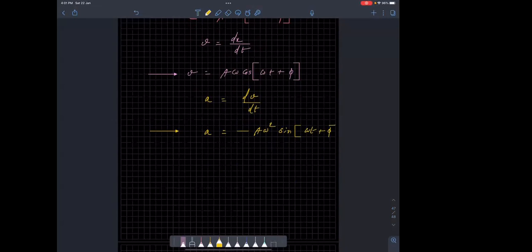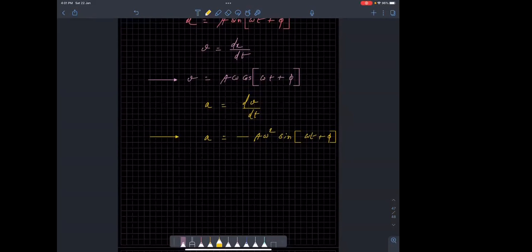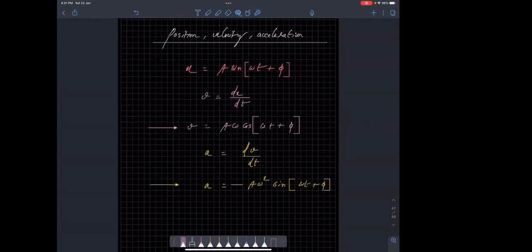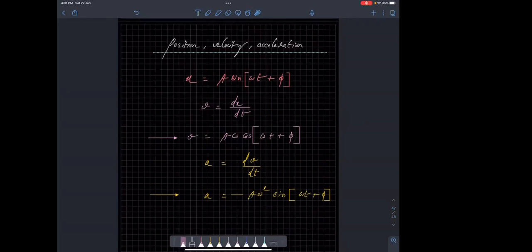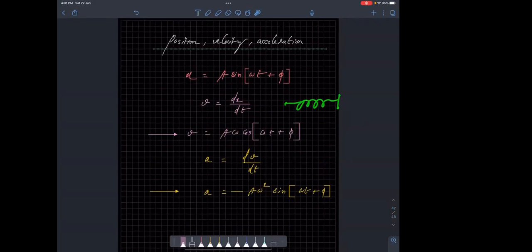Now, sometimes he'll ask you a question which is like this. I'll show you. Now, what does A depend on? A depends on whatever amplitude we give to the system. We can displace the mass by this amount, or by this amount, or by this amount. So whatever amplitude we give in the beginning, that amplitude will remain.